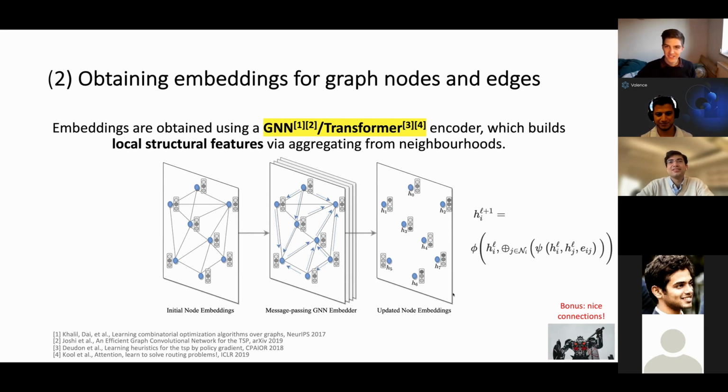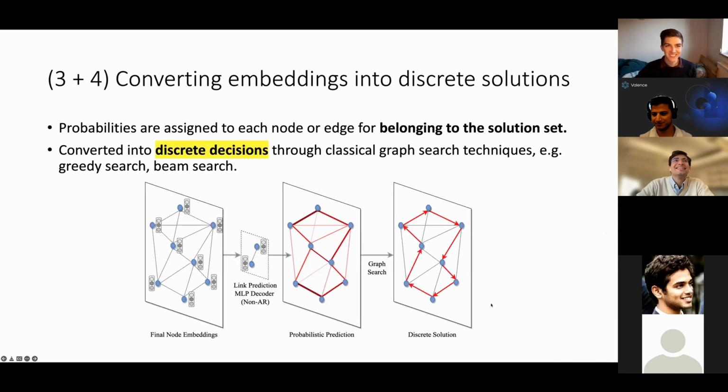Yeah, let's continue. Great. I really want to jump ahead to the discussion stuff already, but anyway. So once we have those node embeddings, which represent some local structure, we want to go from hidden representations in a neural network to something discrete, and between that also something probabilistic.